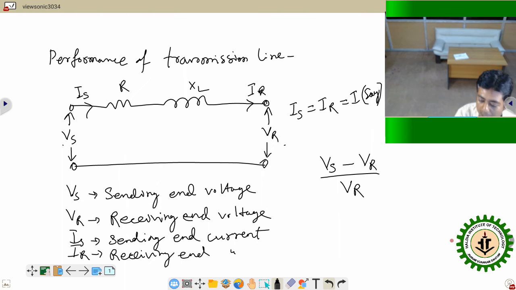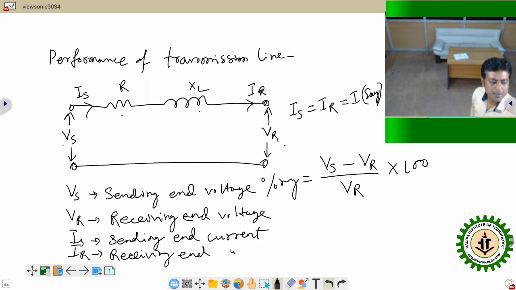Now think how the regulation will differ. Suppose the line resistance and inductance are there. This drop is more. The drop being more means you get less voltage at the receiving end, right? So less voltage means the difference between the sending end and receiving end voltage will be more, and thereby the regulation of the line is poor. That means the performance of the line is poor because the line has huge losses.